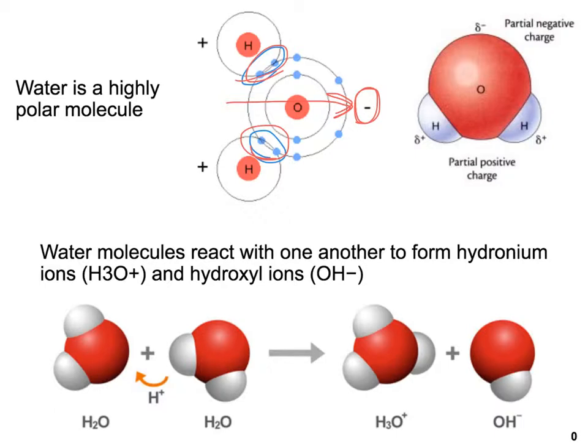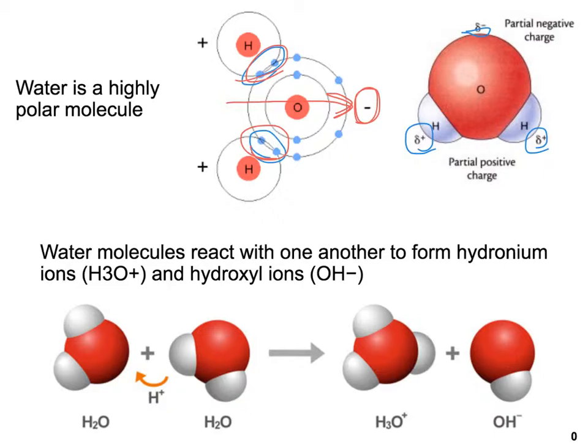And so when we write the structure for a water molecule and we try to represent the kind of positive and kind of negative aspects of the molecule, we use these lowercase Greek letter deltas to represent partial charges. So it's not an ion, it's not a full ionic positive or negative charge, but that hydrogen side of the molecule is distinctly positive and the oxygen side is distinctly negative.